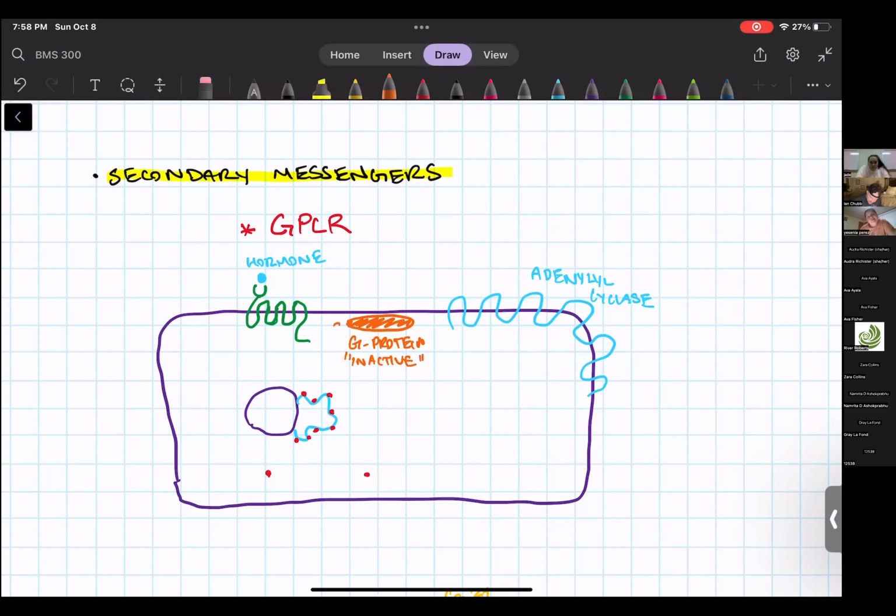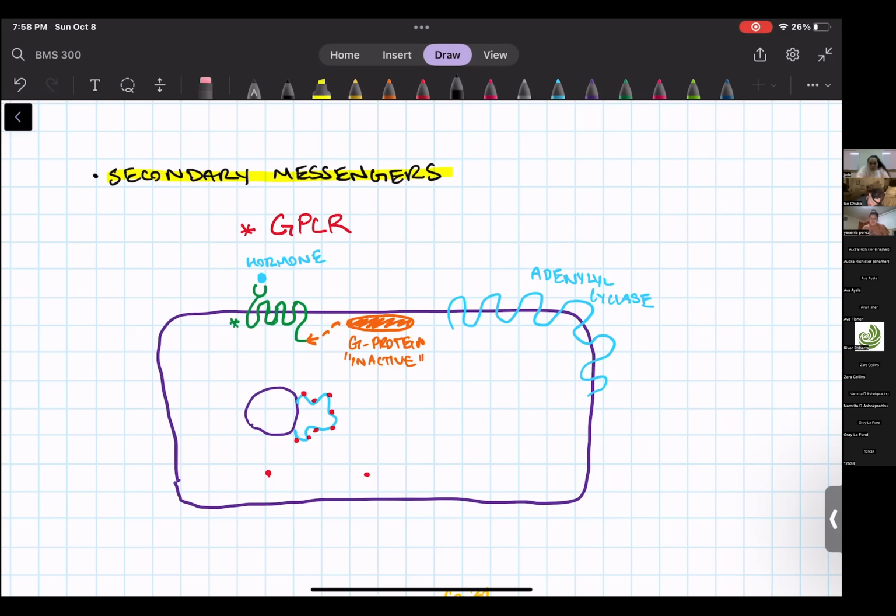So hormone binds, and this is going to change the shape of this transmembrane protein. This is going to cause that G protein that I have in orange to come on over here, and it's going to interact with this transmembrane protein that somehow is going to cause a change in energy.